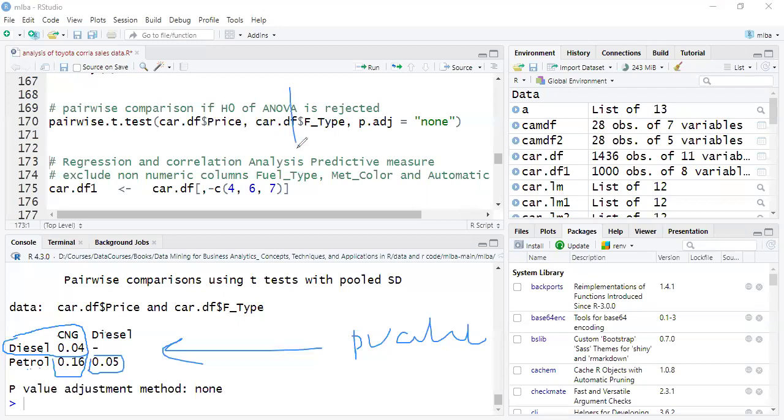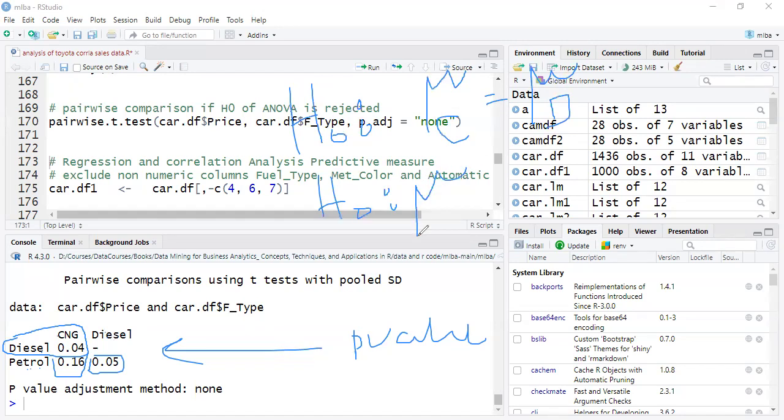So I have 3 null hypotheses against it. The first H naught is mu CNG is equal to mu diesel. Another is H naught. This is why it is called a pairwise t-test. All of the pairs are compared.